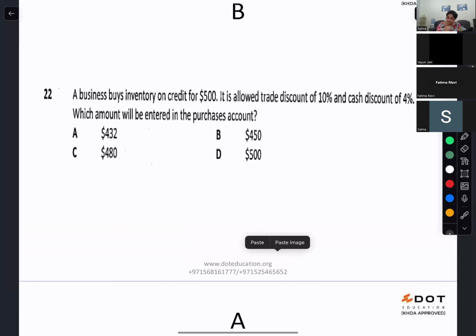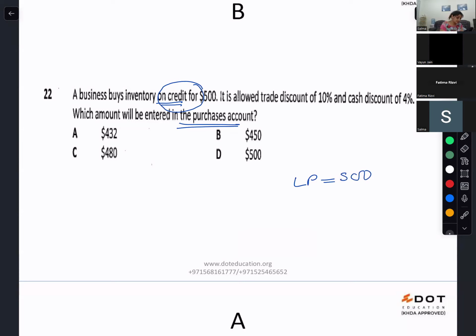Which amount will be entered in the purchases account? We'll only record up to the net list price because it is on credit. Your reasoning was wrong. Okay, so list price 500, trade discount 10%, which is 50.